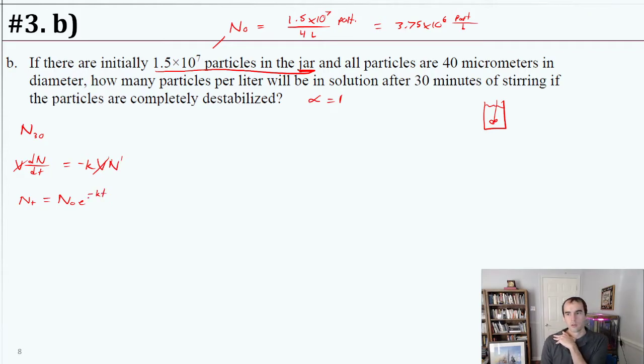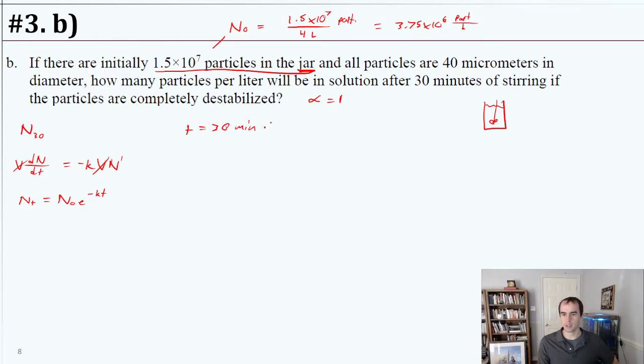And of course, one thing to consider is the time we're given is 30 minutes. However, our mixing intensity is in seconds, so I would go ahead and convert that to seconds, or convert the mixing intensity to minutes.